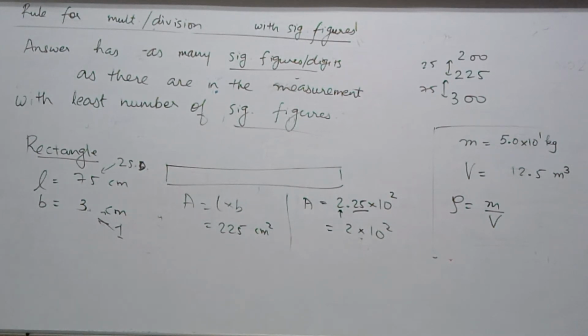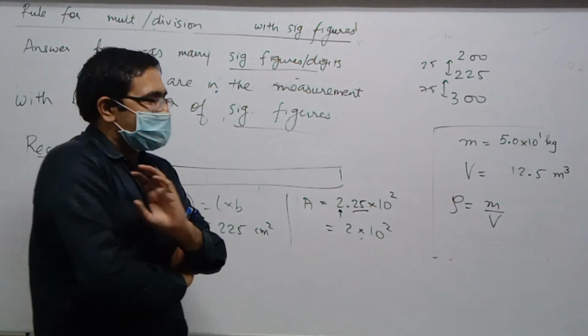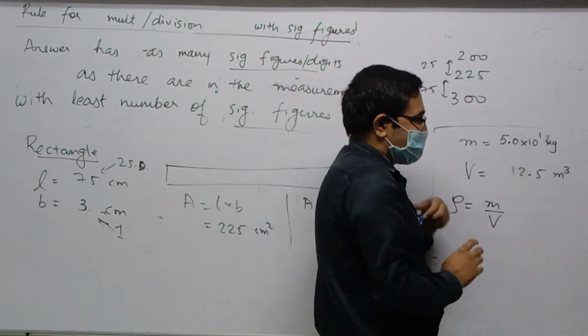First of all, divide normally like you have been doing so far in your life. And then look at the significant digits, right?